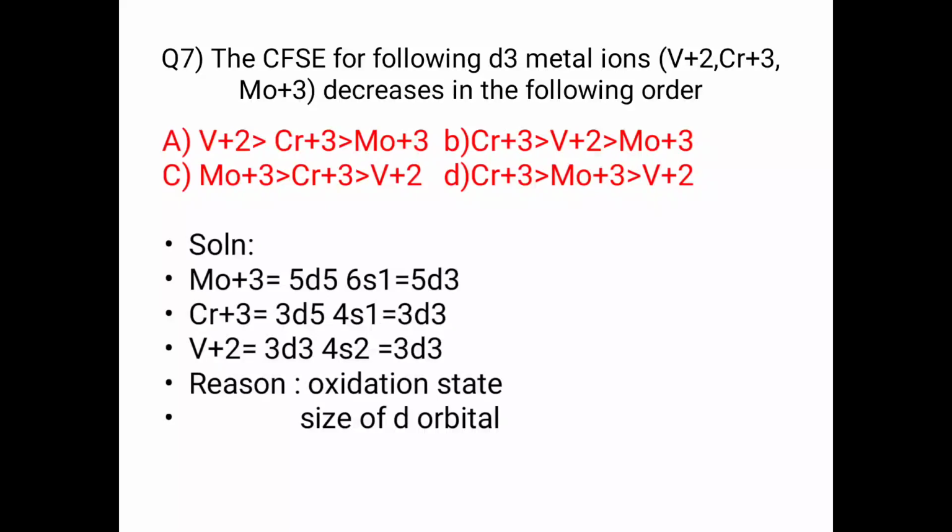First factor, you need to see the size of the d orbital. So the one which has the larger d orbital will split first. So that will be molybdenum plus 3, that will split first, following which will obviously be chromium and then vanadium. So answer should be option C.